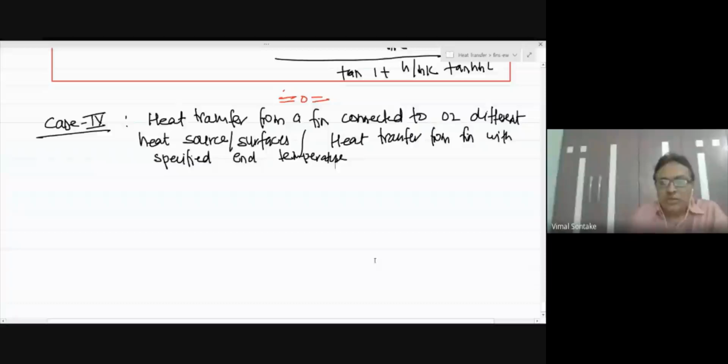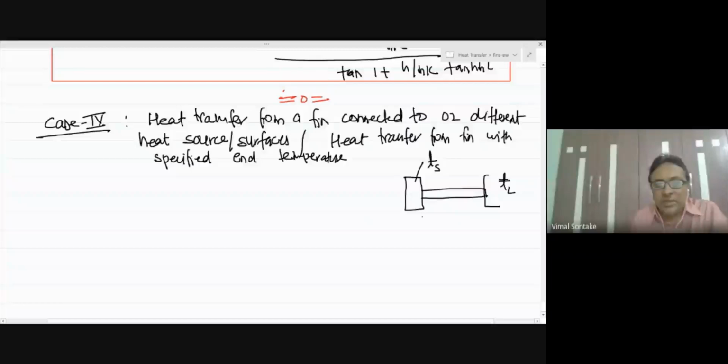Okay, so what will be the schematic? There is a fin. Let's say this is one base surface at temperature Ts, and one fin is connected to this, and the tip of the fin is once again connected to another surface at temperature TL.